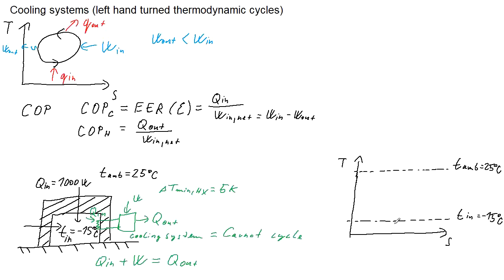Now the Carnot cycle working fluid will need to remove the heat at a temperature lower by the 5 degree temperature difference, because the heat flows from hot to cold. So here we have a 5 kelvins temperature difference.